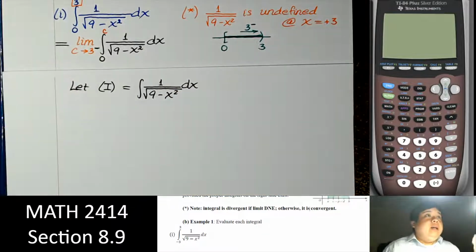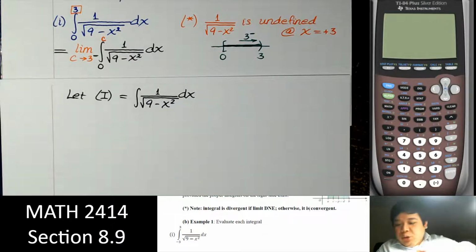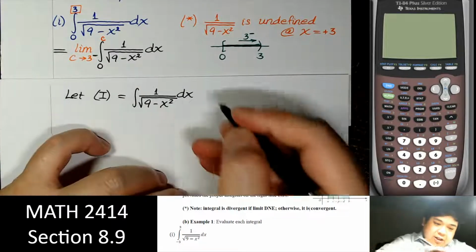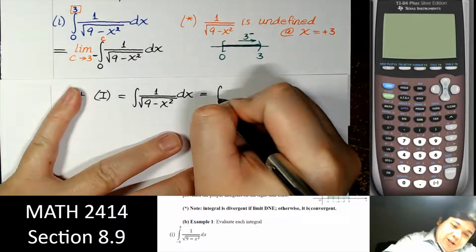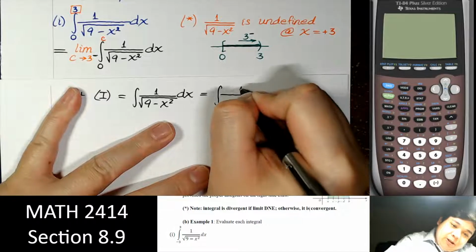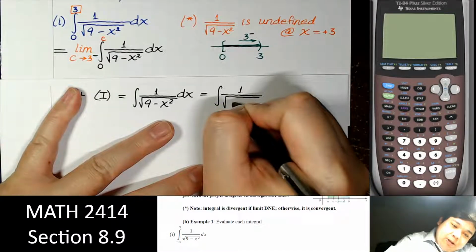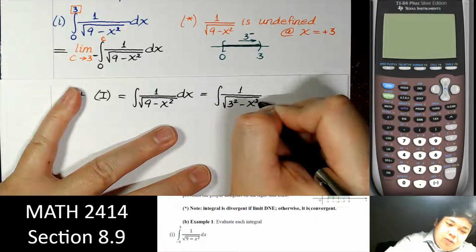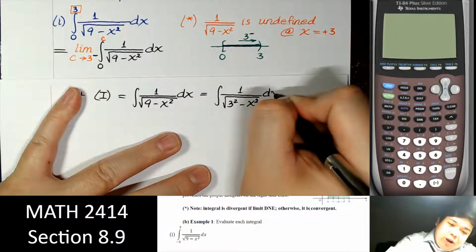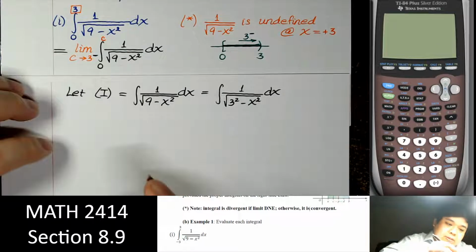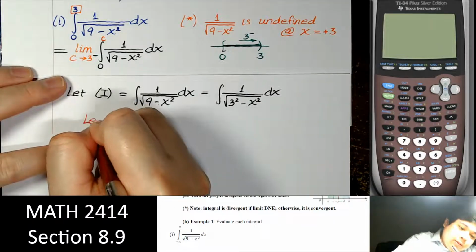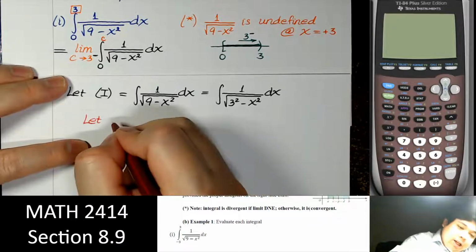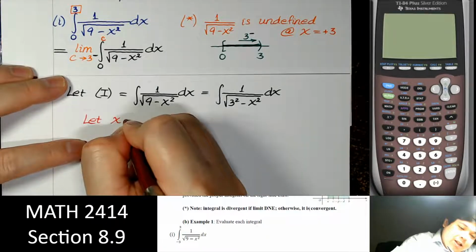Of course, this is also a trig substitution, a constant squared minus a variable squared.